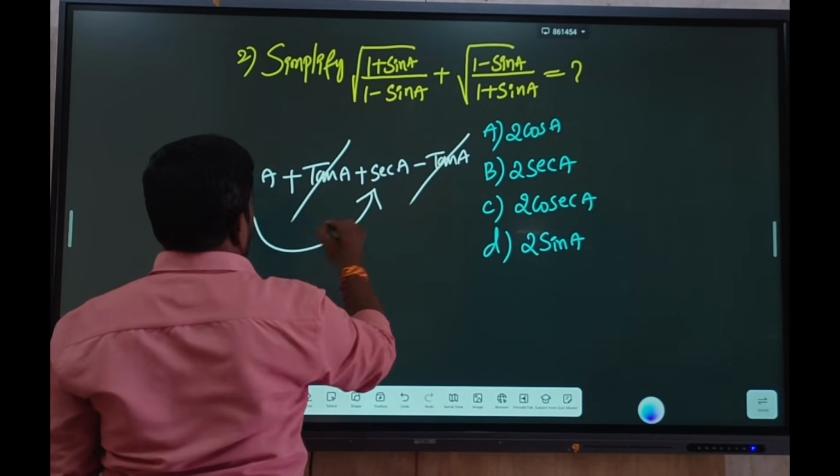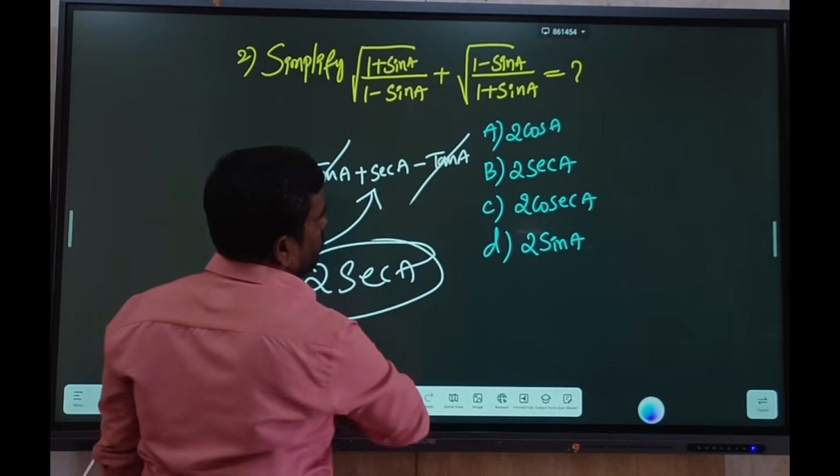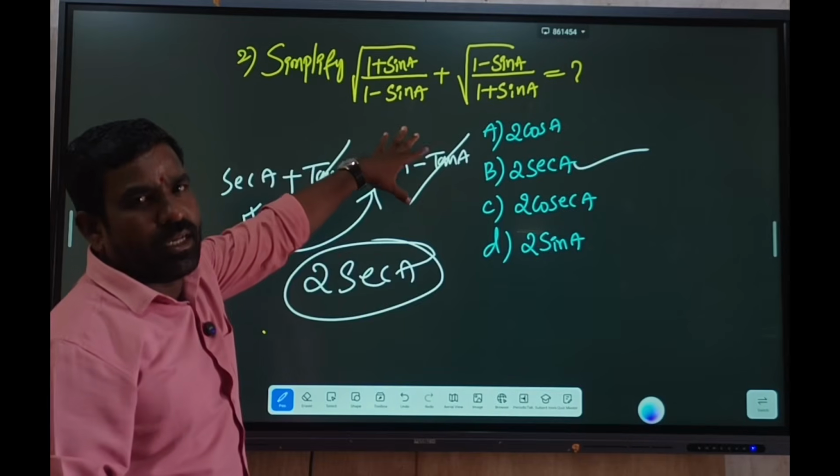The remaining is sec A plus sec A, 2 secant A. The answer is 2 secant A, which is option B.